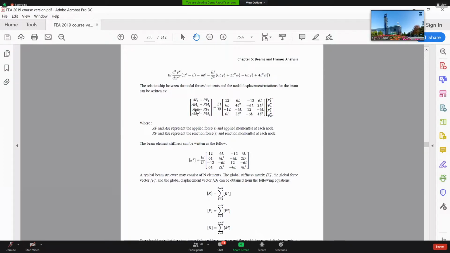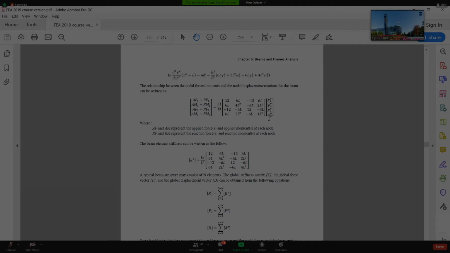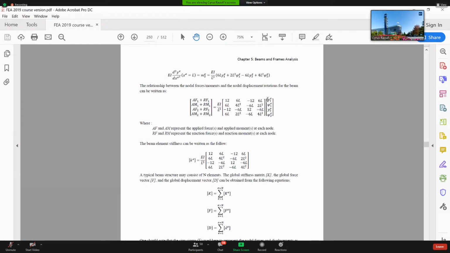Same goes for node 2. In terms of displacement, we have 2 degrees of freedom here, y and phi. Y1 and phi1 represent displacement and the slope at node 1, and same goes with y2, phi2.